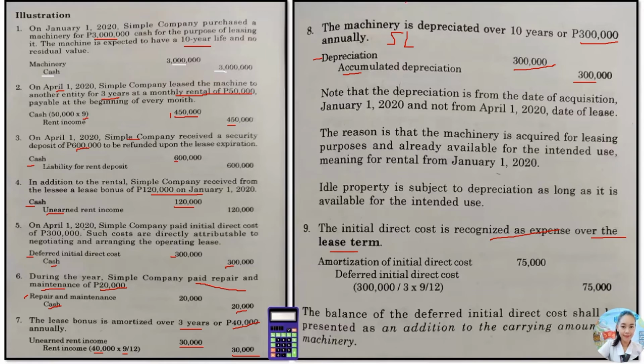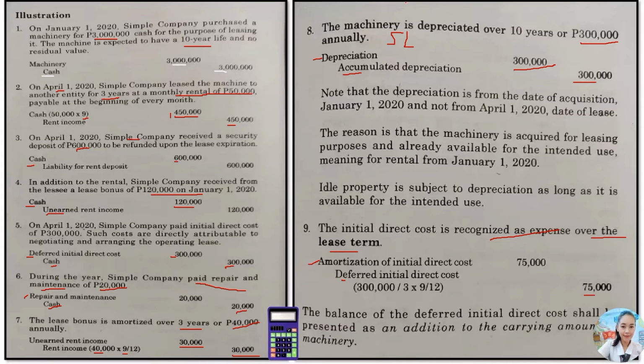So here, Simple Company recognizes the initial direct cost. Its record is to debit amortization of initial direct cost 75,000, and then credit deferred initial direct cost 75,000.